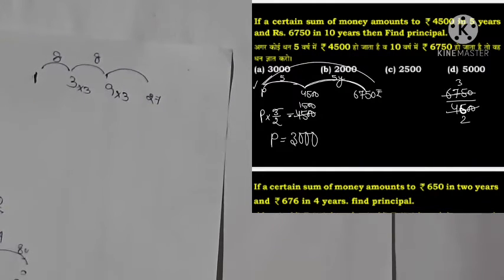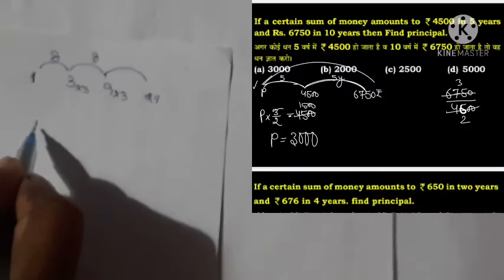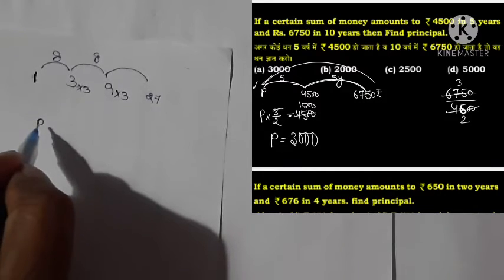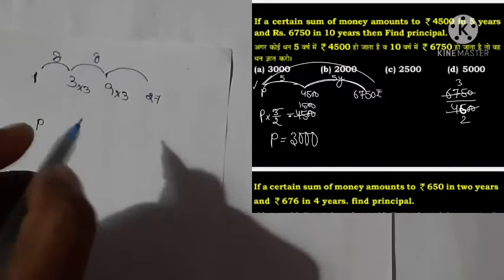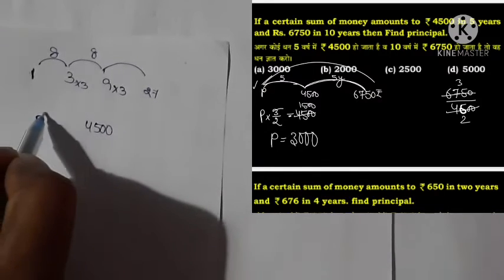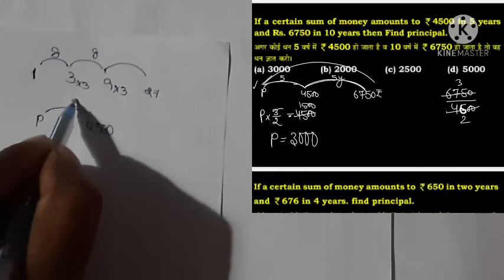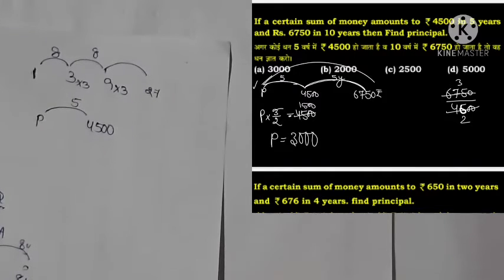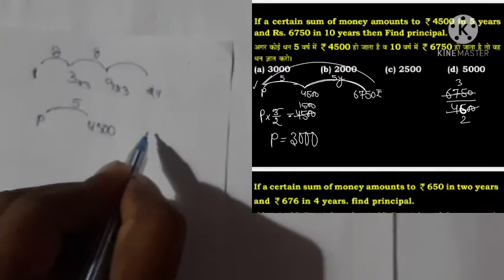Similarly, if a certain sum of money amounts to 4,500 in 5 years, if the principal is P, it amounts to 4,500 in 5 years and 6,750 in 10 years.